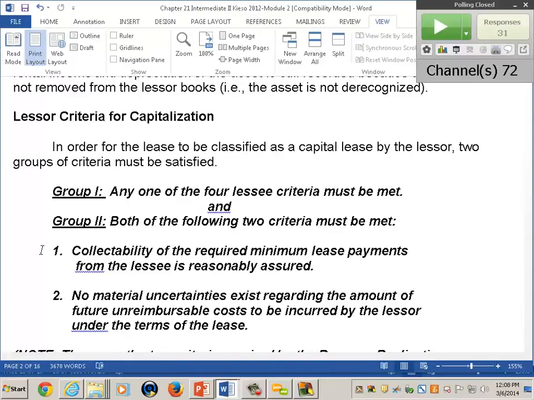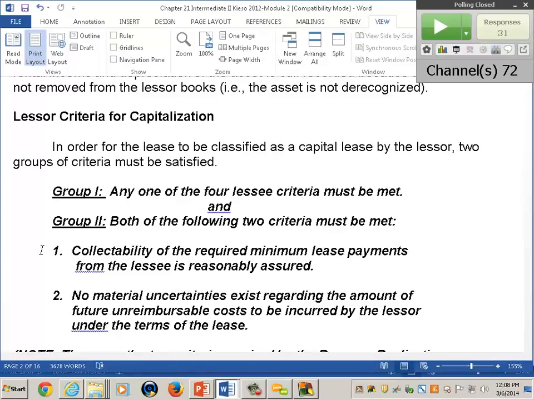We've got an exchange. We assume that an exchange took place. Now we have to determine whether or not the cycle is complete. The earning cycle is completed when there are no material uncertainties as to collection and whether or not there are any unreimbursable costs in the future that are significant.